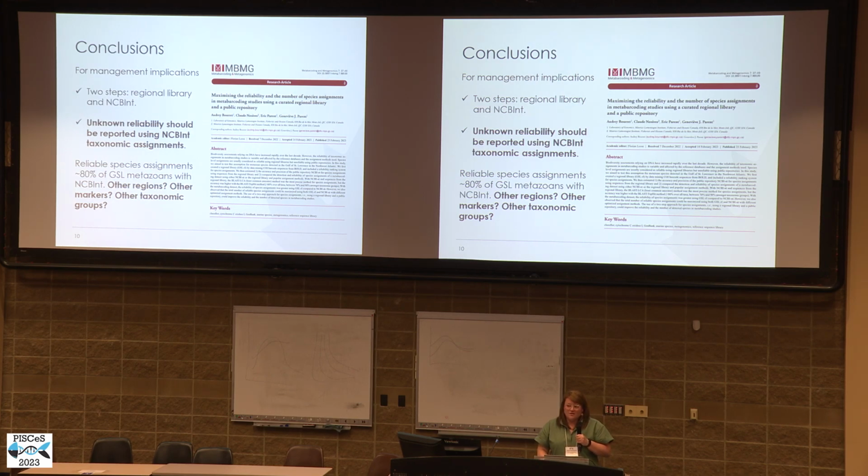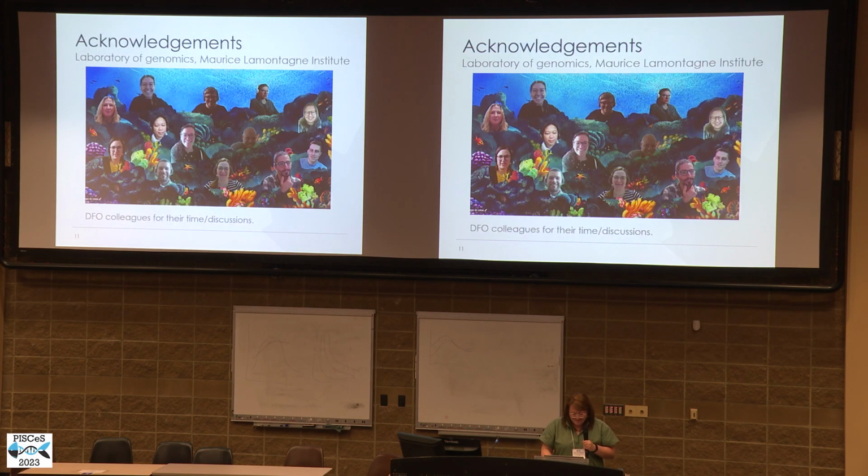And for other markers, it's most likely better for 12S, which we often work with, because it's mostly targeting chordata species. And for other taxonomic groups, it depends on the marker you're using, but you could be expecting less reliable or more reliable species assignment. But please have fun doing it too.